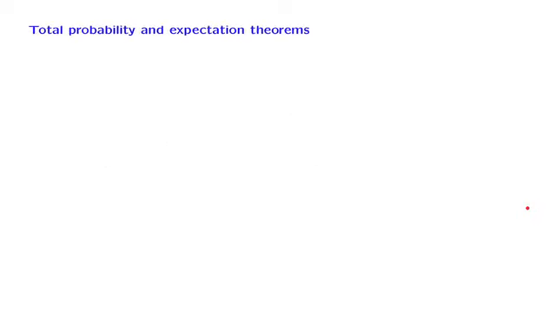For the case where we condition on events, we also developed a version of the total probability theorem and the total expectation theorem. We can do the same when we condition on random variables. So suppose that the sample space has been partitioned into n disjoint scenarios.